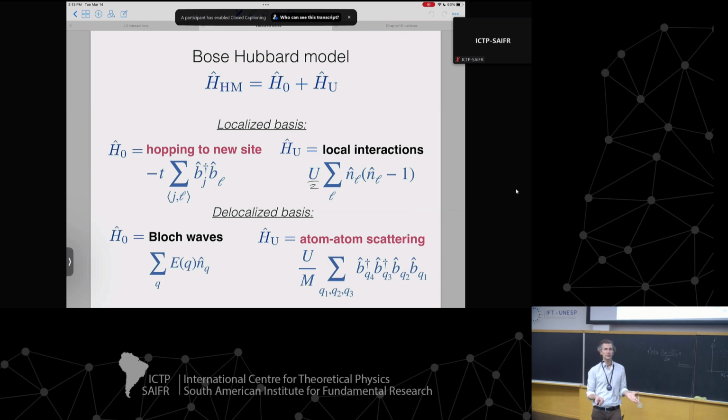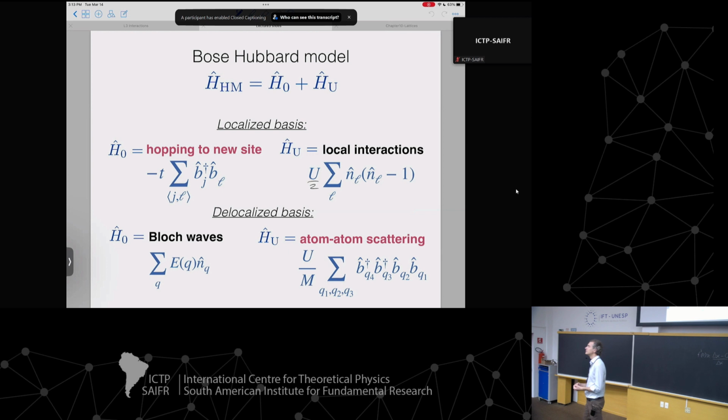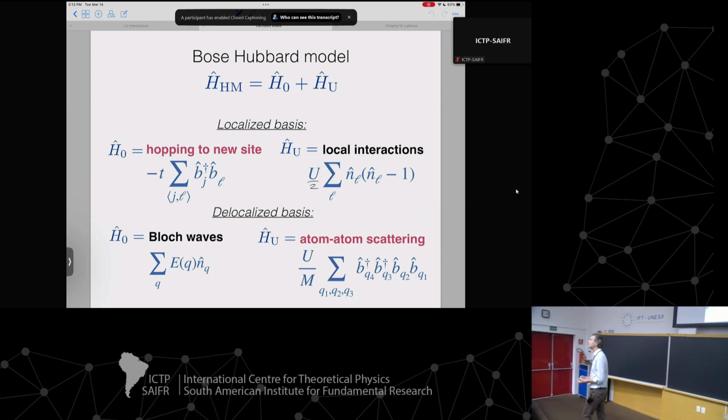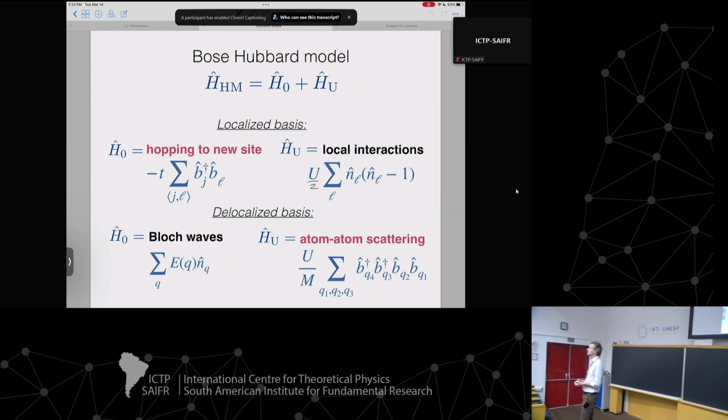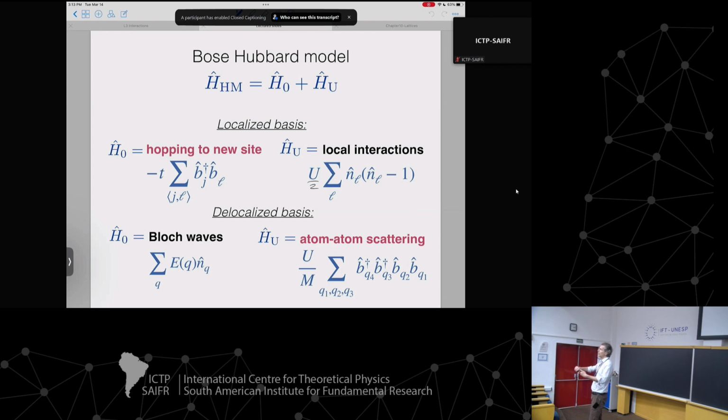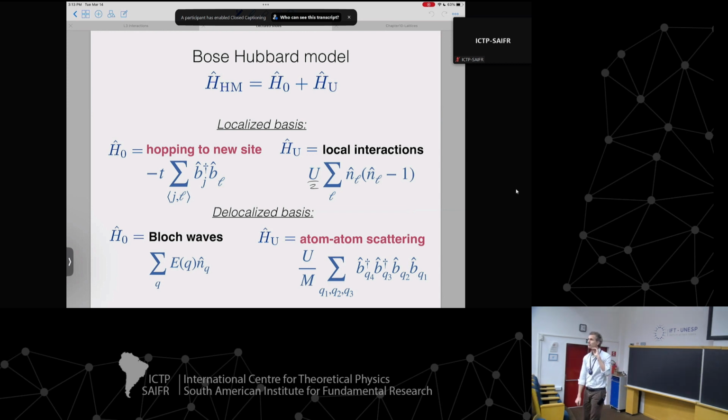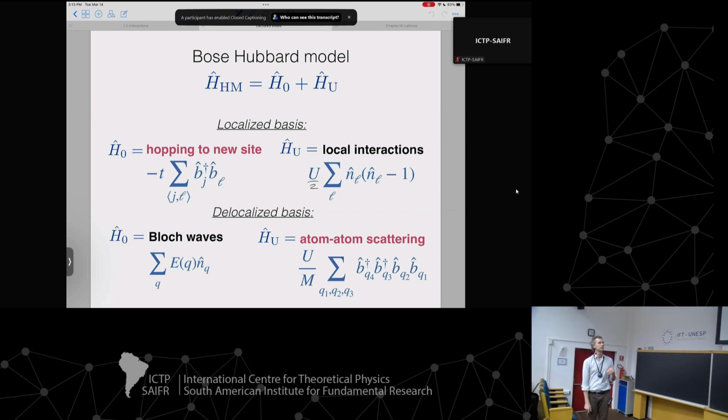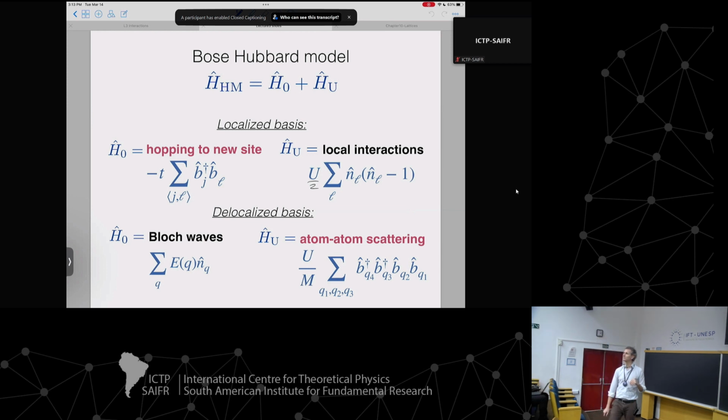What is conserved in a collision? We are considering elastic scattering, just elastic scattering, yes. So then what's conserved? Energy and momentum. What is momentum here?